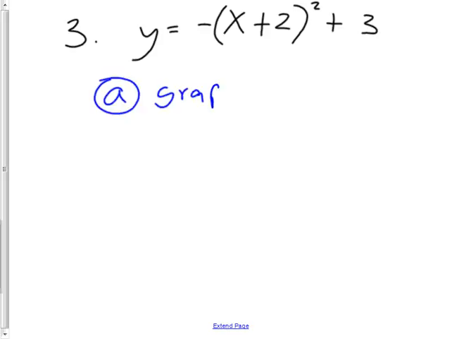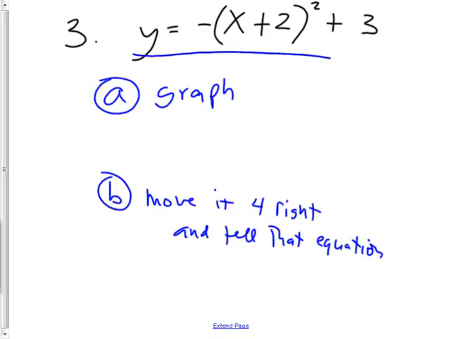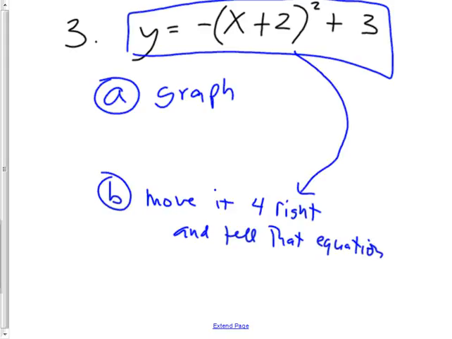But I could also say B, move it 4 to the right of where it is now, and tell me that equation. So it's already been moved to the left from where it was. But take this one and move it 4 to the right, and then tell me what its equation would be now. Okay, so do both parts.